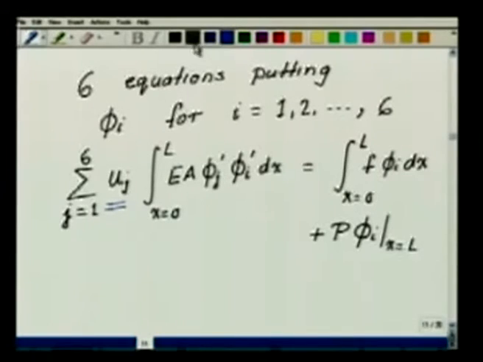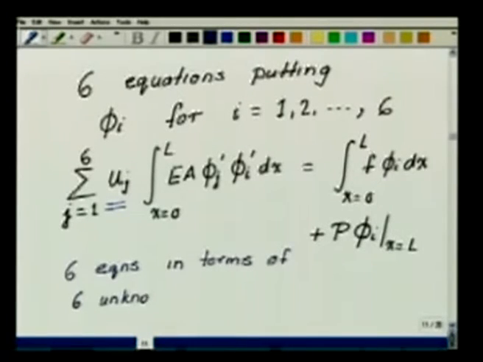So we get 6 equations in terms of six unknown uj, and these are a set of simultaneous equations. These are algebraic equations. Okay.